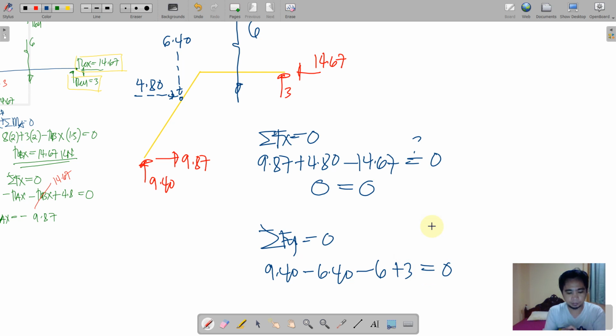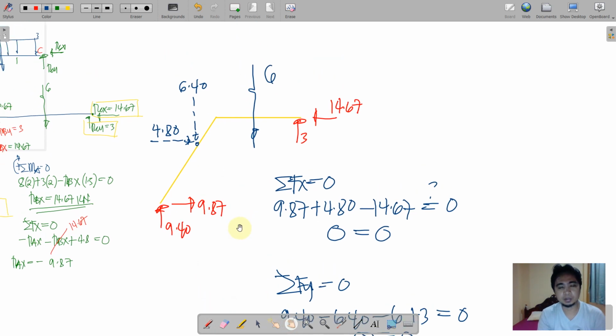So 9.4 minus 6.4 minus 6 plus 3, that is equal to 0. So again, we are 101% sure of our vertical reaction. Therefore, all of these reactions are correct. We can now proceed to our analysis. Okay?